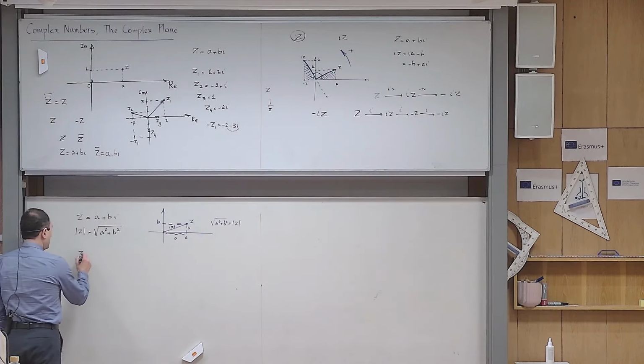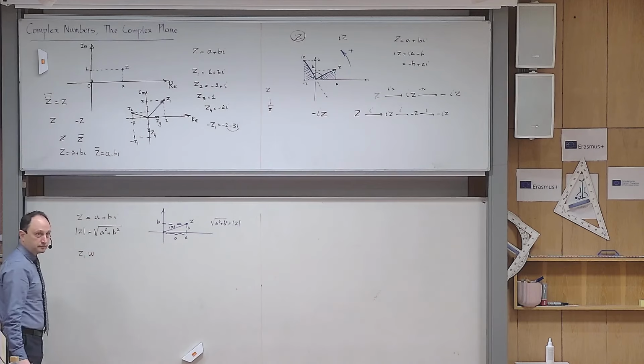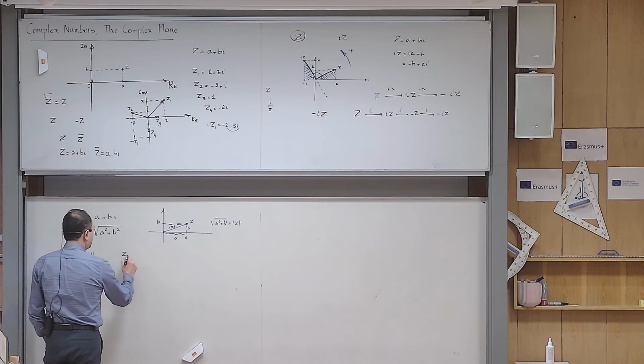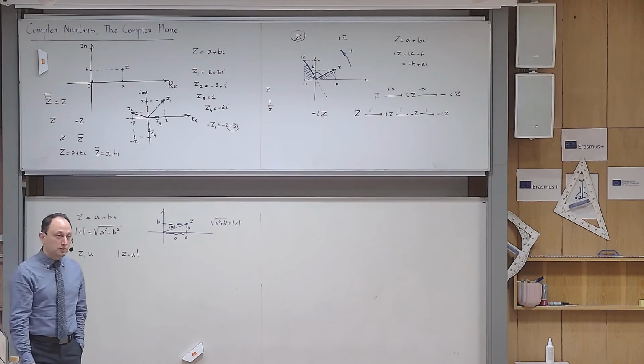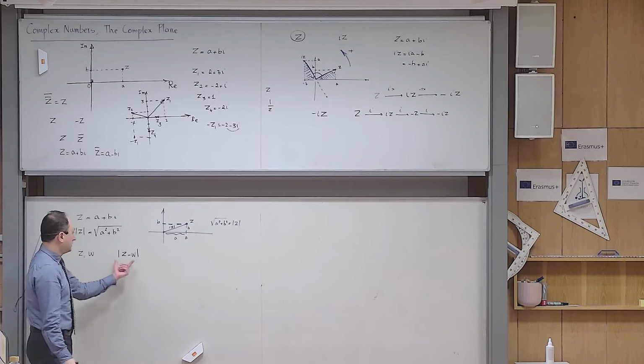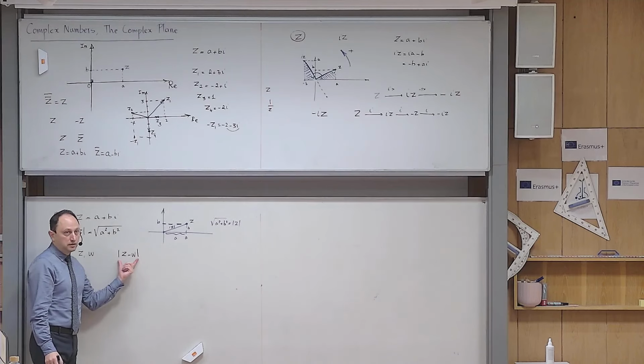So I give you 2 points, z and w, on the complex plane, and then I subtract them and take the absolute value. Now my question is, can you interpret this number geometrically?